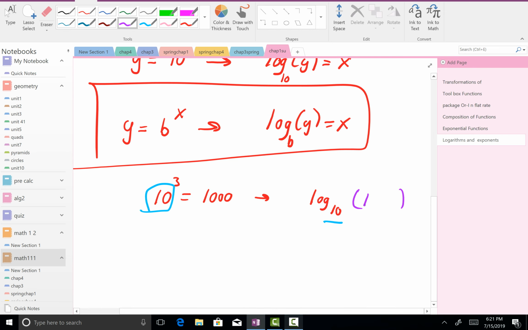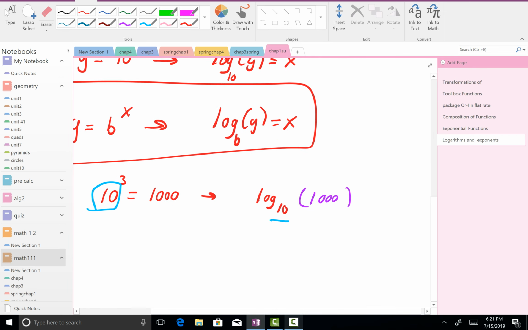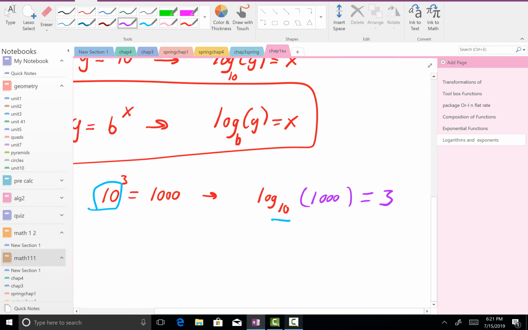So it's going to be log base 10 of 1,000 is equal to 3. Okay? So this is the base. That goes there and there, the light blue. Okay? 3 is the power, so that was the input. Now that becomes the output. 1,000 was the output, but now that becomes the input. All right, so you're putting that into the log function.